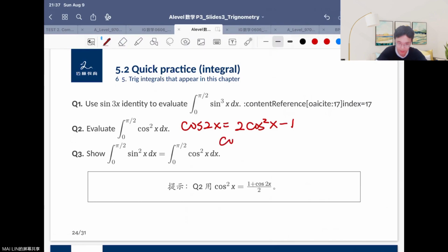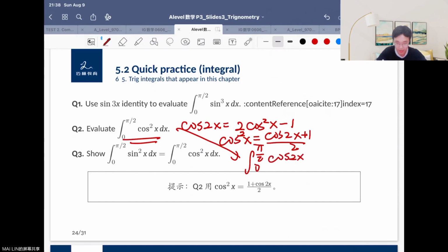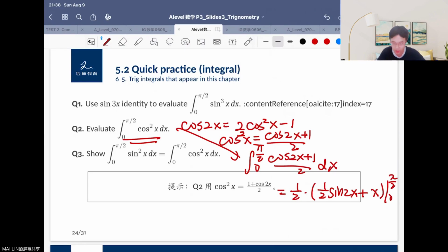So cosine squared x equals cosine 2x plus 1 over 2. We can write the integral from 0 to pi over 2 of cosine 2x plus 1 over 2 dx. That becomes a half times a half sine 2x plus x, from 0 to pi over 2.